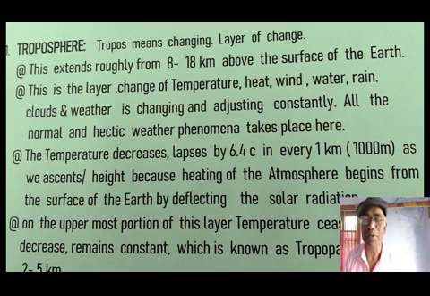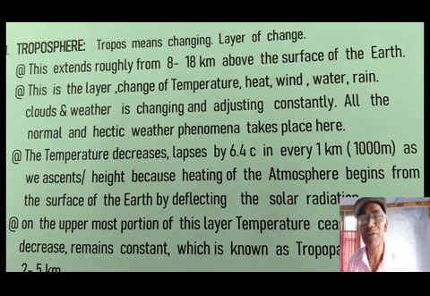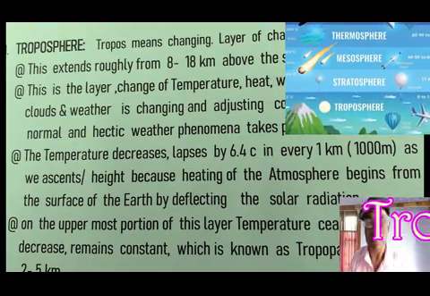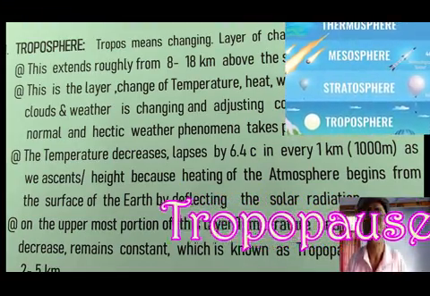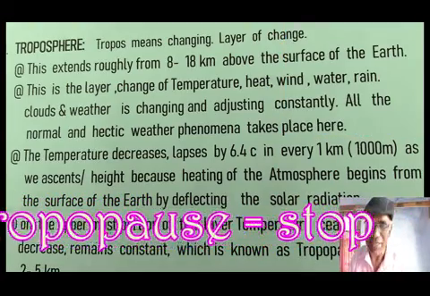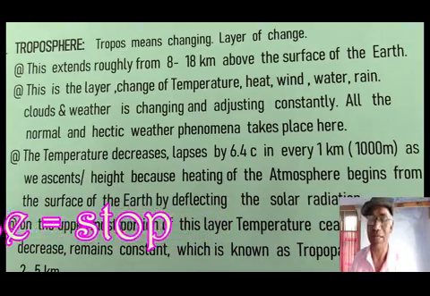On the uppermost portion of this layer, temperature ceases to decrease, meaning it remains constant, which is known as tropopause. Pause means stop, and it measures about 2 to 5 kilometers.